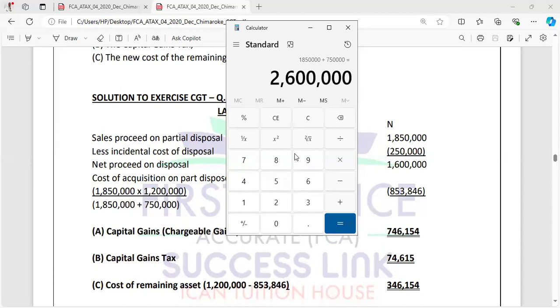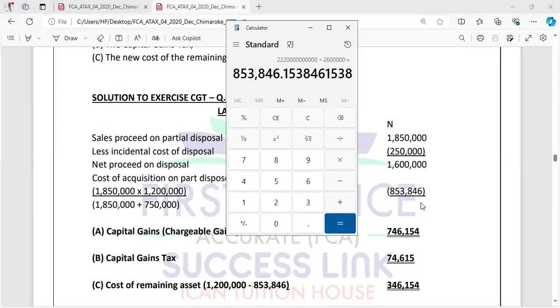I'll recall that this is the first one we had, the numerator, divided by 2,600,000, and that gives us 853,846, which is what we got here as our cost of acquisition.